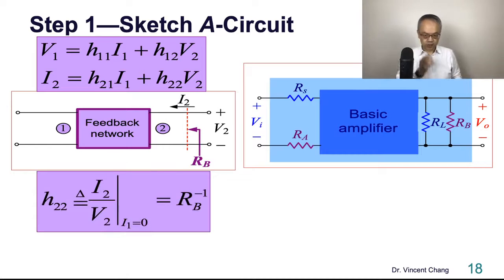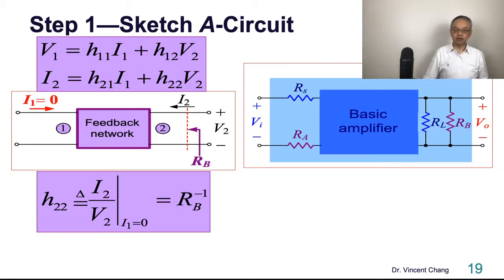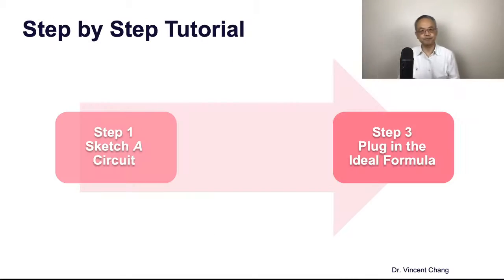So RB represents the output resistance, but when the input is open. You get it? So you open the input of the feedback network and take the output resistance of the feedback network. That's RB.